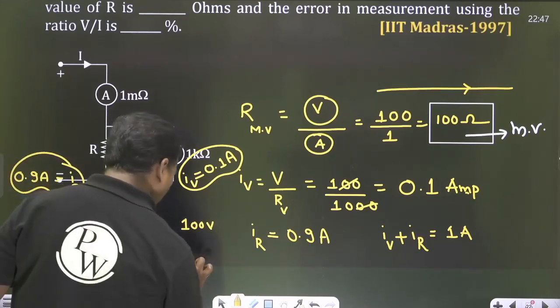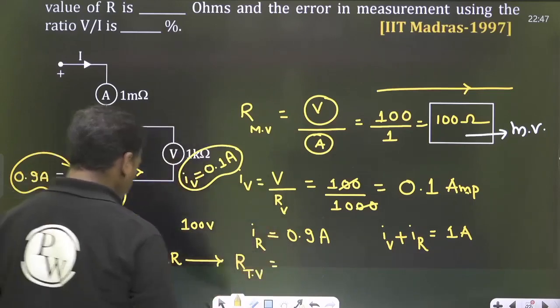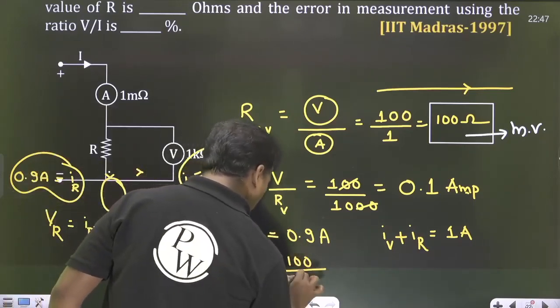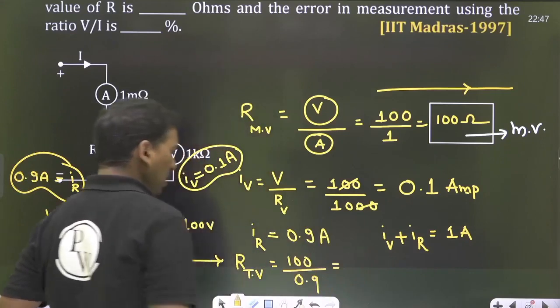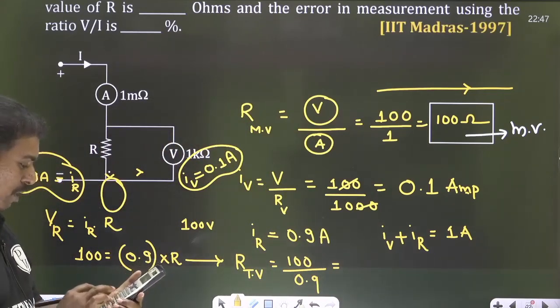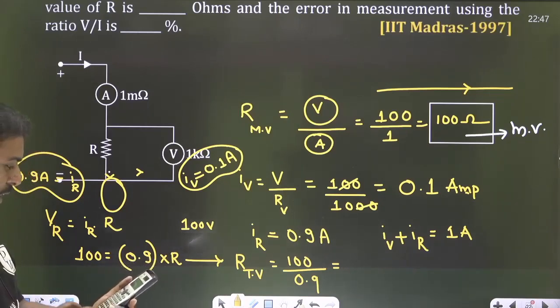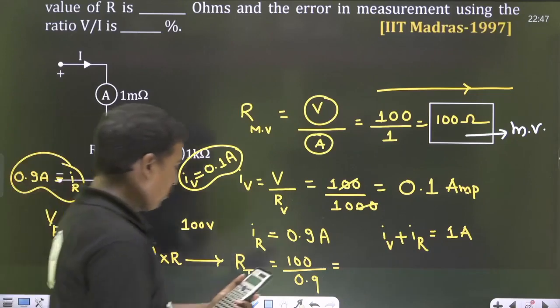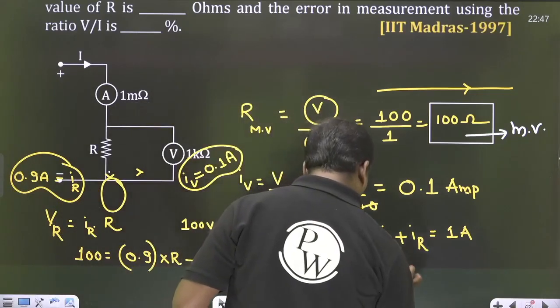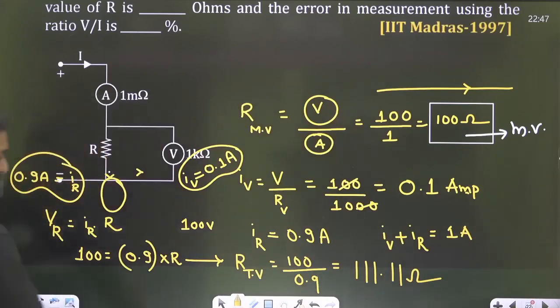From this, the true value of resistance I am going to get as 100 by 0.9, which means 1000 by 9. It is coming around 111.11.